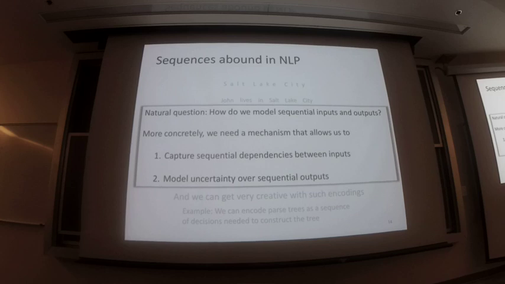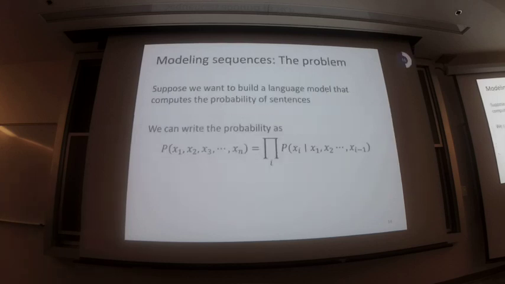So we want to find a way, a mechanism, that will be able to capture these sequential dependencies between inputs and be able to differentiate one input from the other. And also, two, we want to be able to model uncertainties over sequential outputs.